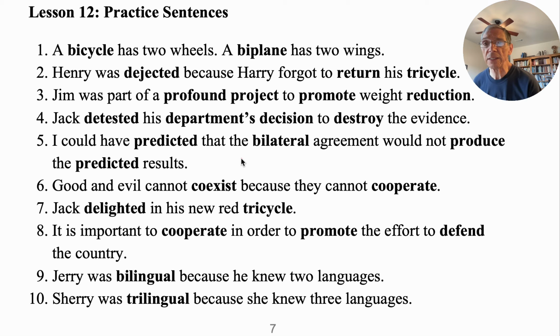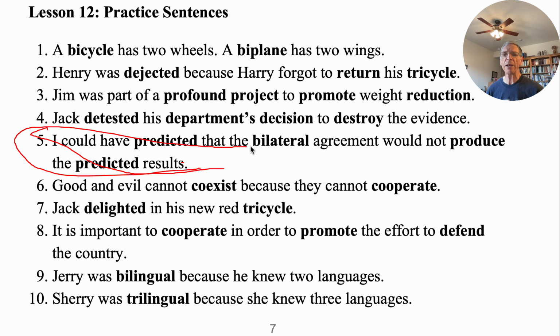Now, notice if I read that too slow, I come up with this. I could have predicted that the bilateral agreement would not produce the predicted results. So the first time you read a sentence, you may read it that way.